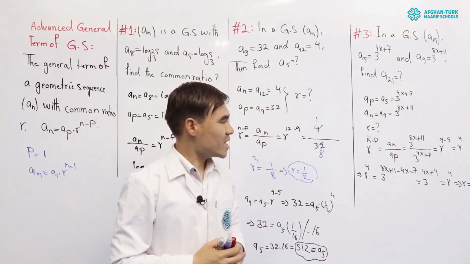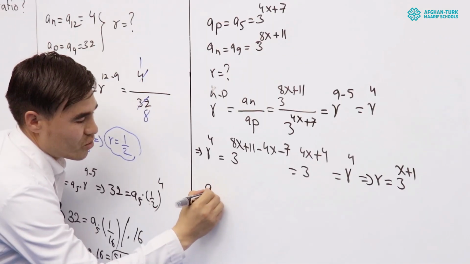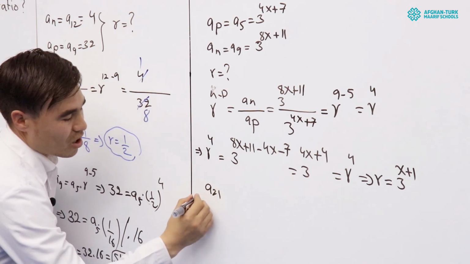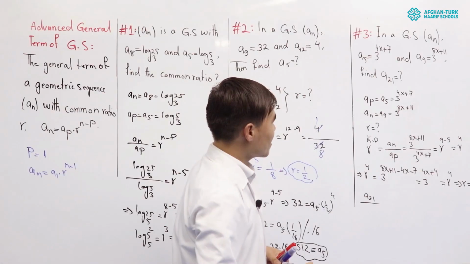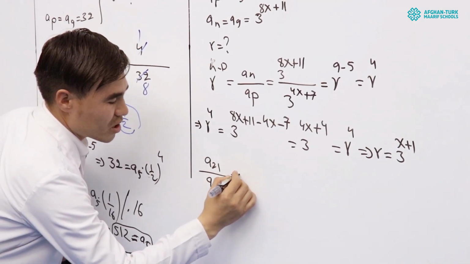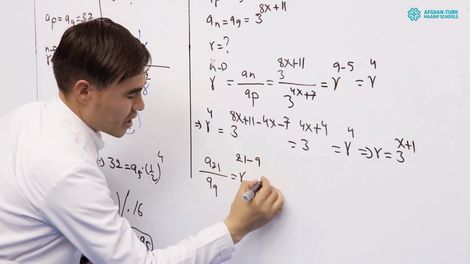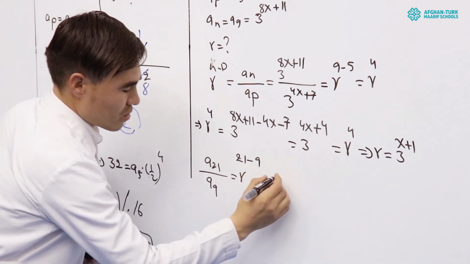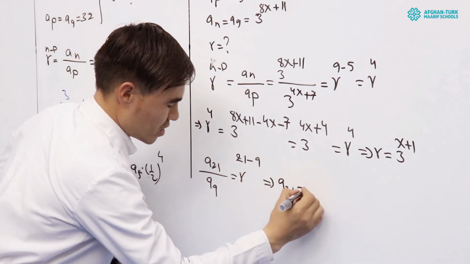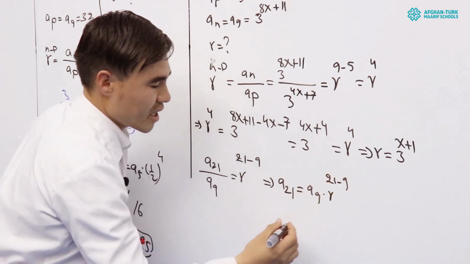And now it is easy to find the 21st term. A21 over a9 is equal to r to the power of 21 minus 9, so a21 is equal to a9 times r to the power of 21 minus 9.